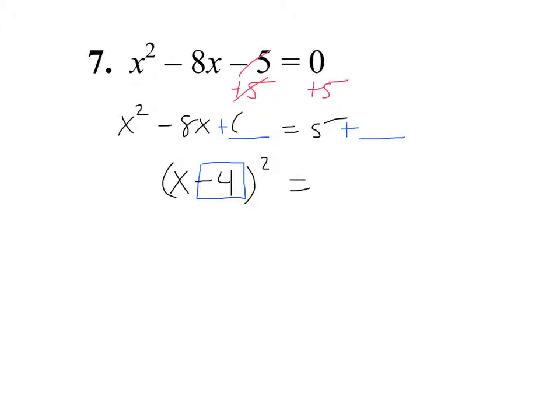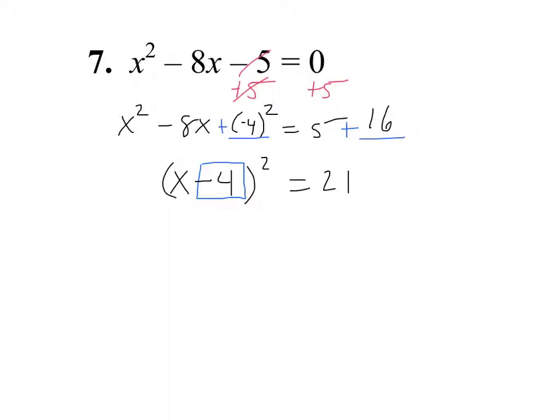So I'm going to come up here and write negative 4 squared. But what is negative 4 squared? 16. So I'm adding 16. So I'm just going to write 16 on the other side. I'm adding 16 to both sides. Okay? And so now, 5 plus 16, 21.